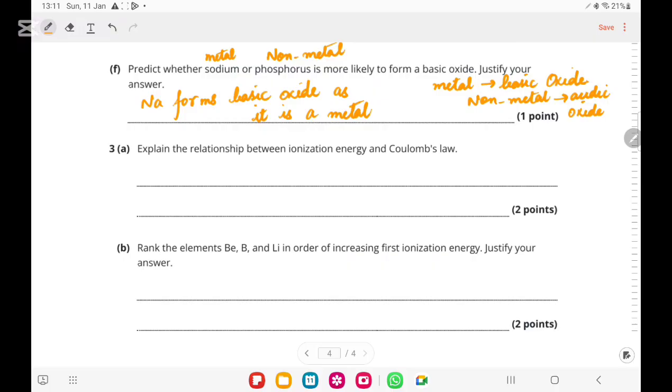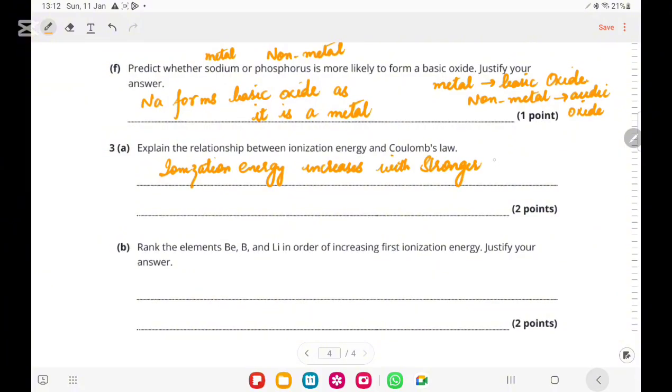So ionization energy increases with stronger Coulombic attraction, due to higher nuclear charge and smaller radius.